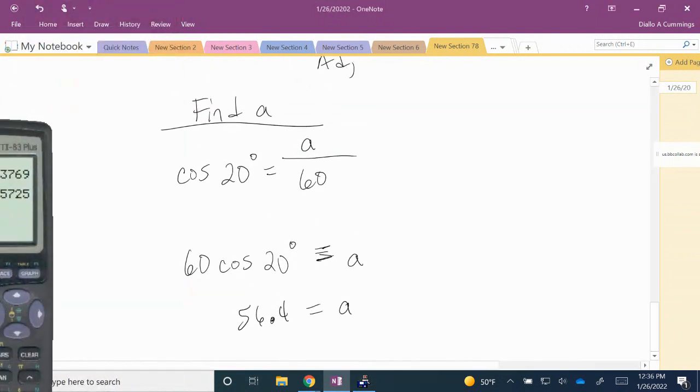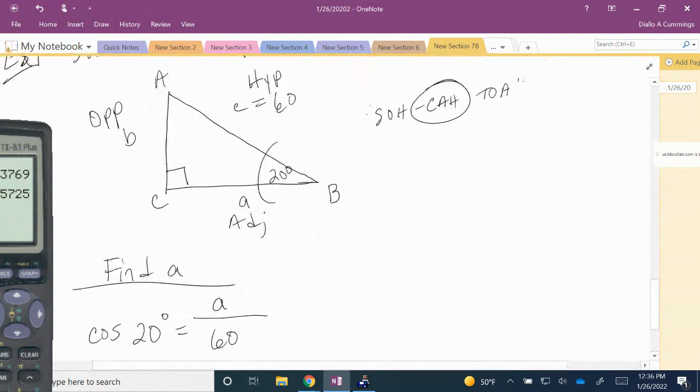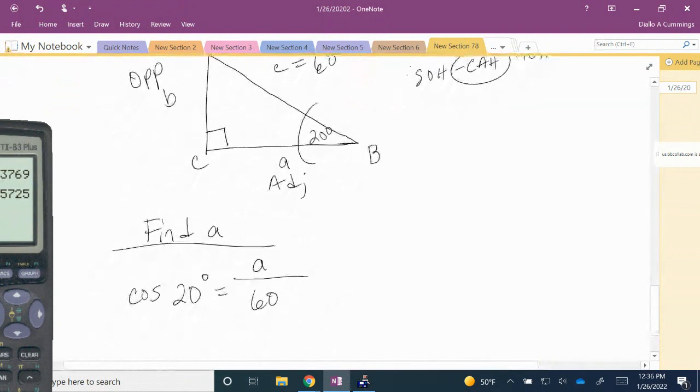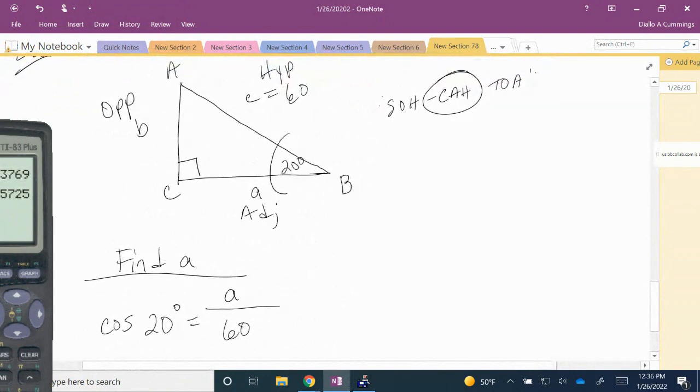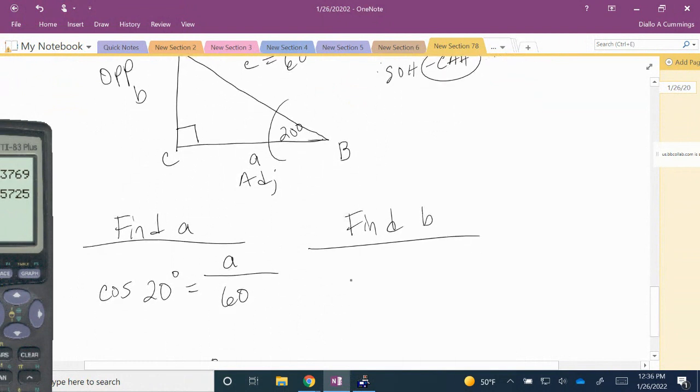Now we're also asked to find B. In order to find B, we can use the Pythagorean Theorem. Remember that formula was B is equal to the square root of C squared minus A squared.